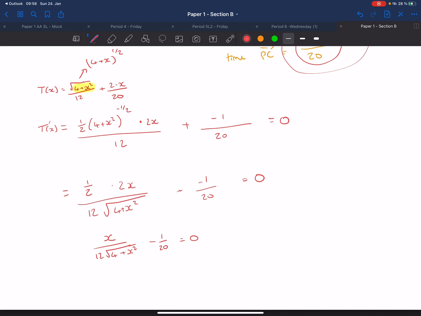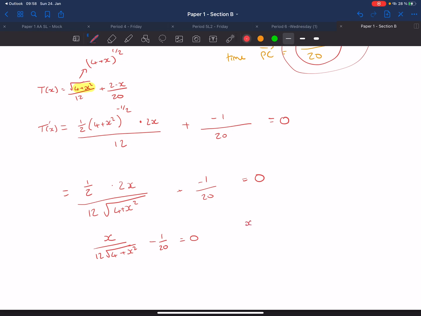So I am trying to solve this so that it equals 0. I think the first thing I'm going to do is bring that 1 over 20 to the other side of my equation. And then I think I'm going to end up multiplying up by this, but we'll see how it goes.